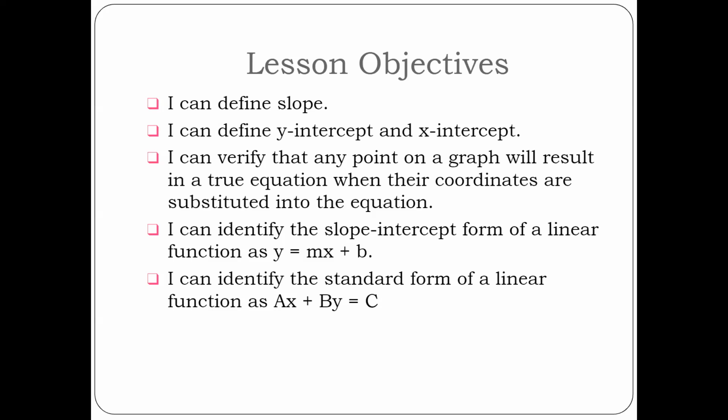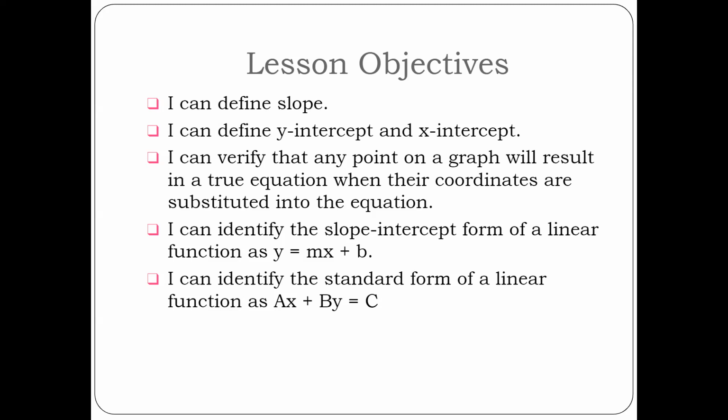We could solve that standard form equation by solving it for y. And for those of you that are struggling with the literal equations, converting standard form to slope-intercept is a perfect example of why we have to know how to do that.